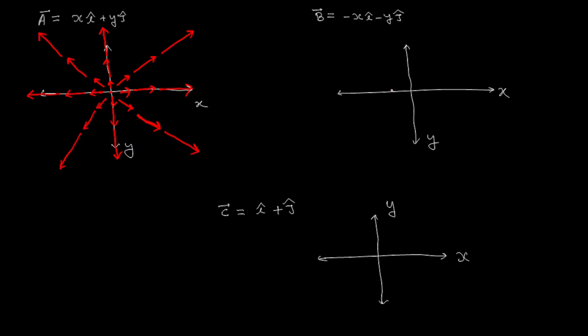And on the other hand, if we represent this B vector, it will be almost the same, only the arrows will be different because it is negative, opposite to this A vector. So we can simply write like this.